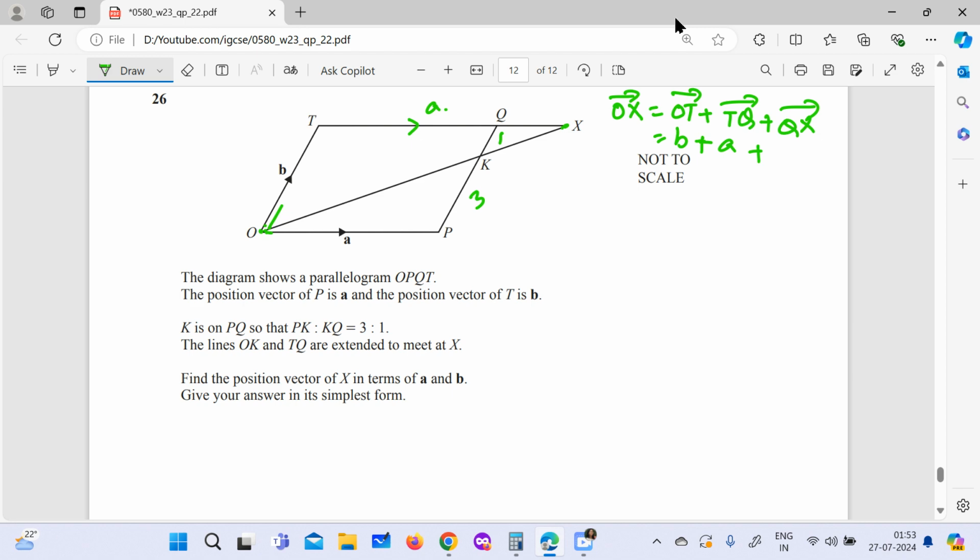We know that K to Q. O to T is B, so P to Q will also be B, and then this part will be B over 4. Q to X we need to find. We can go like this.